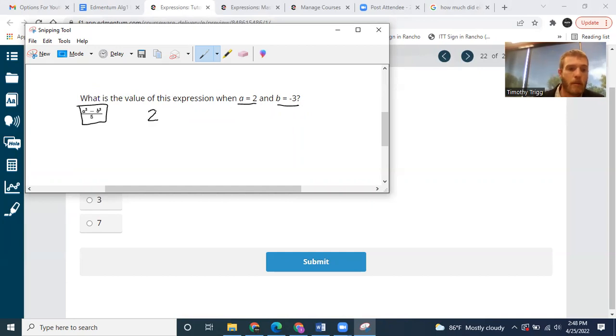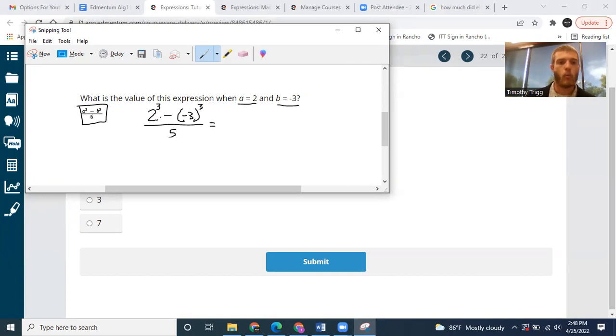So it's going to be 2 to the power of 3 minus negative 3 to the power of 3. Notice I put the negative 3 in parentheses. A lot of times when I'm replacing a variable with a negative, I usually put it in parentheses. That helps you to make fewer mistakes in some cases. And then divided by 5.